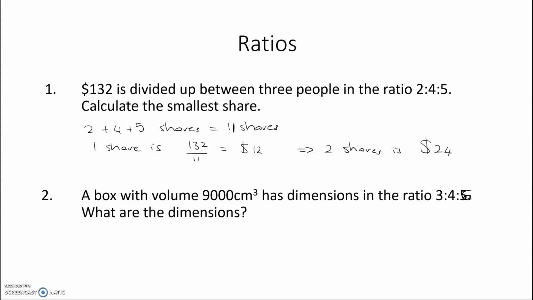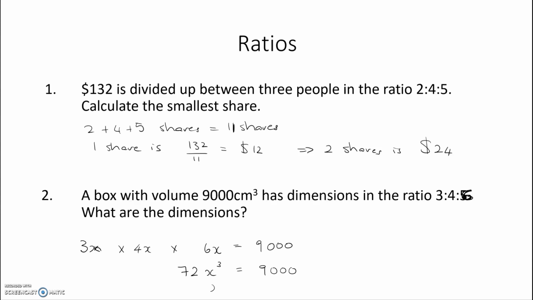The next question, a box with volume 9,000 cubic centimetres has dimensions in the ratio of 3, 4, 6. So now when we're working out volumes, it's 3 times 4 times 6, except that those aren't the lengths, those are the ratios. So what we really need is some number, it could be x, and that's got to equal 9,000. So we've got 3 times 4 times 6, that's 72 x cubed is equal to 9,000.